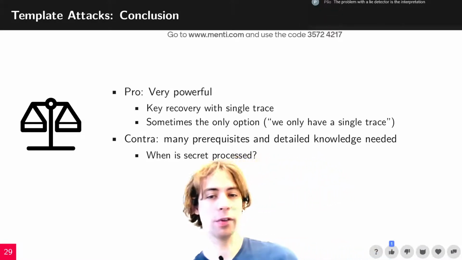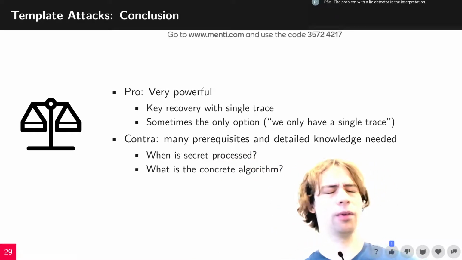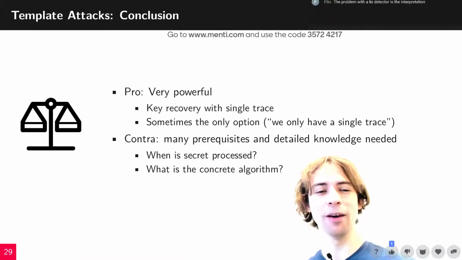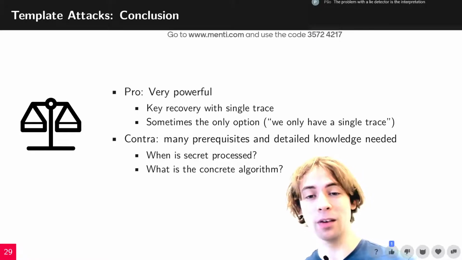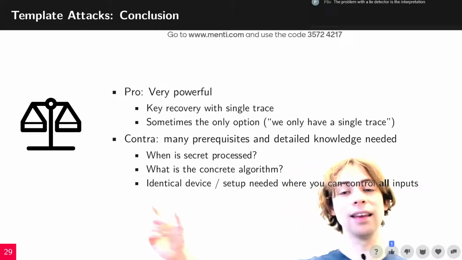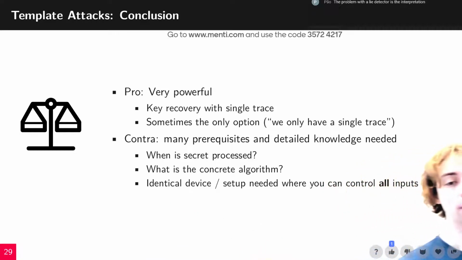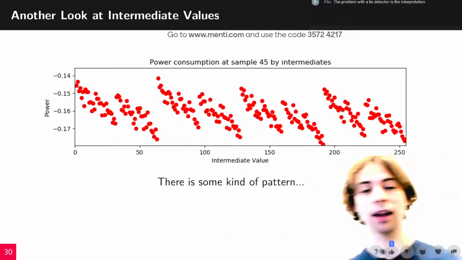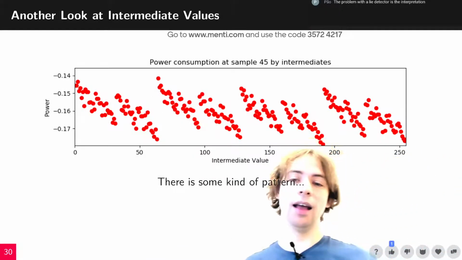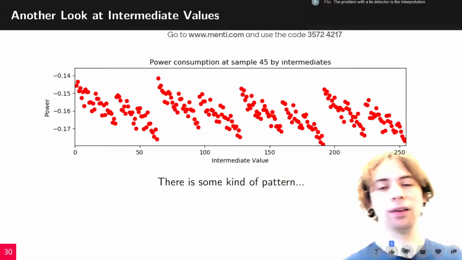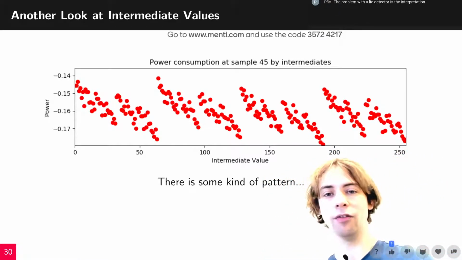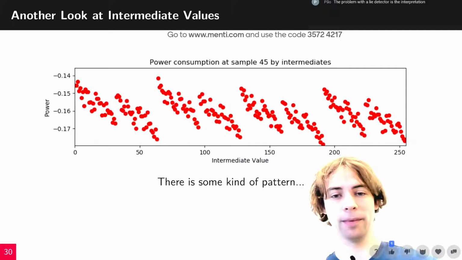So when is the secret processed, of course? What is the concrete algorithm that we use? Just to be able to set up an identical device, create a setup where you control all the inputs, and then you record that, and then you can recover these secrets from the trace.